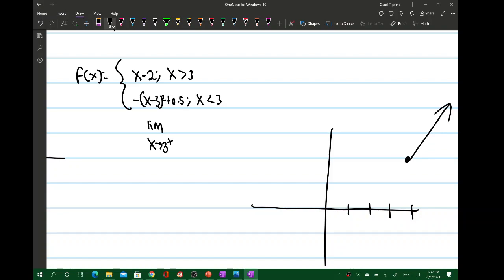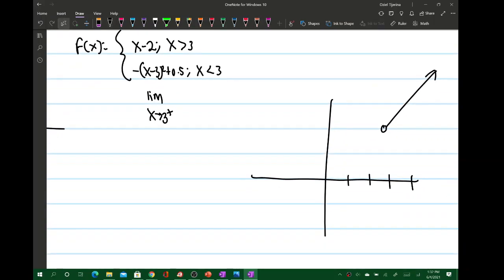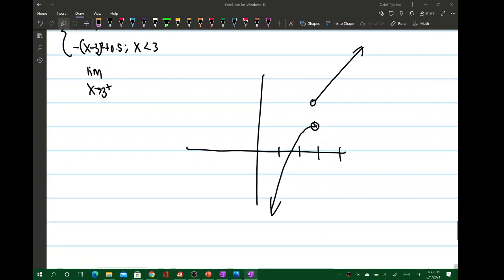And when x is less than 3, it would look like this. This would be the other one, right?